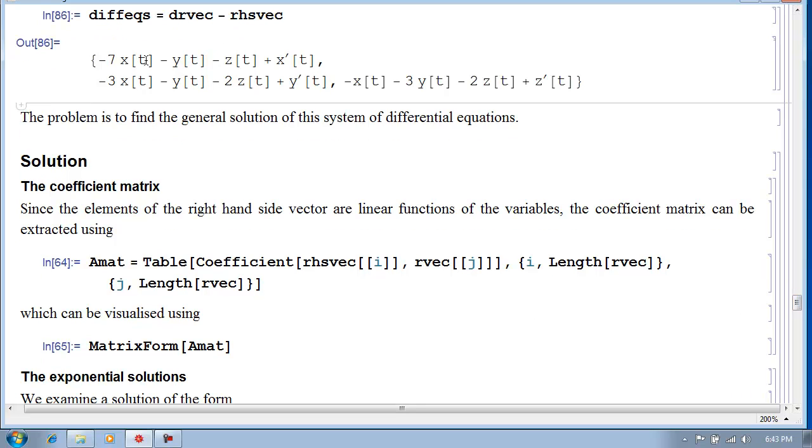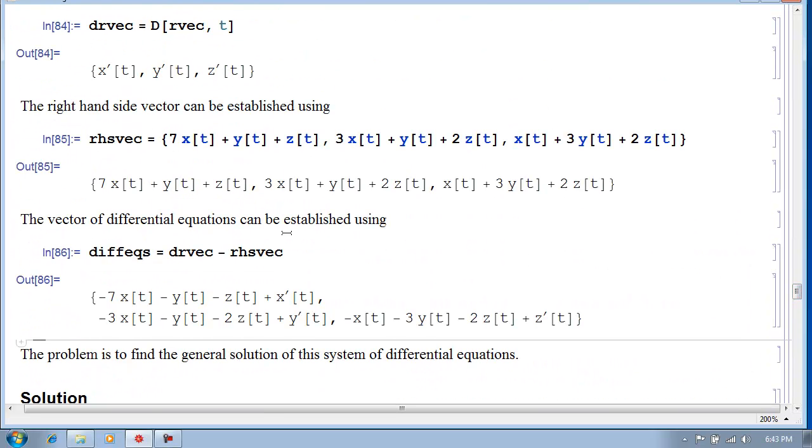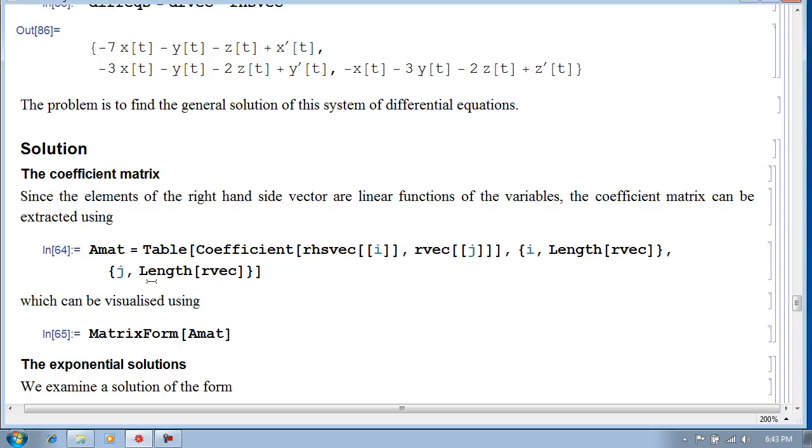Well, we can see that the right-hand side vector is a linear combination of the variables, or each element of it is. So we should be able to write that as some matrix times the vector of variables. And that matrix can be calculated by looking at the coefficient of one of the variables in the right-hand side vectors.